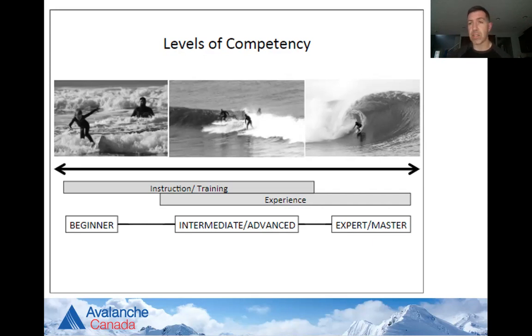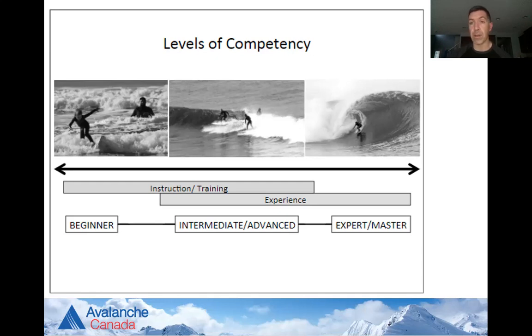You then start moving into the intermediate, where you're happy to go out with your friends. You're still taking instruction, still a little bit unsure, asking questions. And then as you move into having a good few seasons under your belt, thousands of ski tours under your belt, you start to become the expert or the master. I don't know about that, but you should still be open to learning. This is a never-ending learning experience.